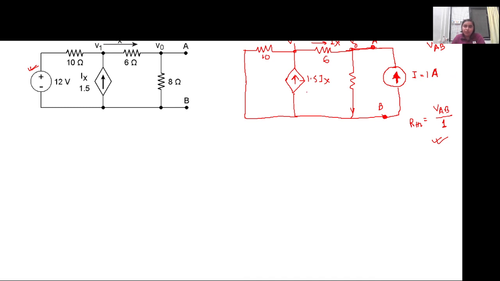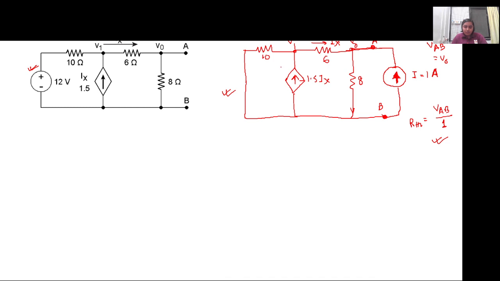Now we solve this particular circuit in order to calculate VAB. VAB will be equal to V0 basically. So this is the 8 ohm resistance. Now note that since the voltage source is not present, Ix value may change, V0 value may change. We will calculate it accordingly.